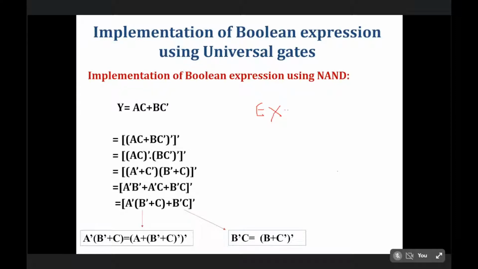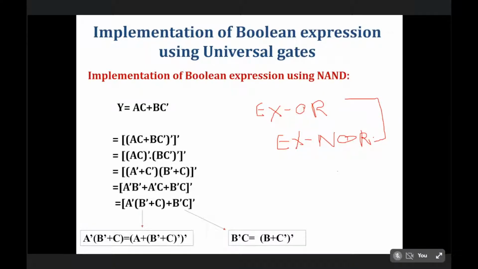Do you know about the exclusive OR and exclusive NOR gates? What are these gates, and what are the uses of those gates? Why do we need two more gates? Because if we have any function, we can implement it by the universal gates, but in certain applications we want to compare something.